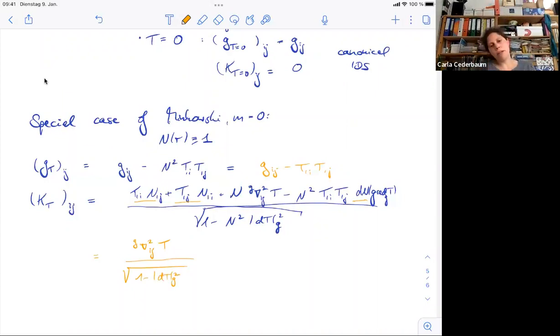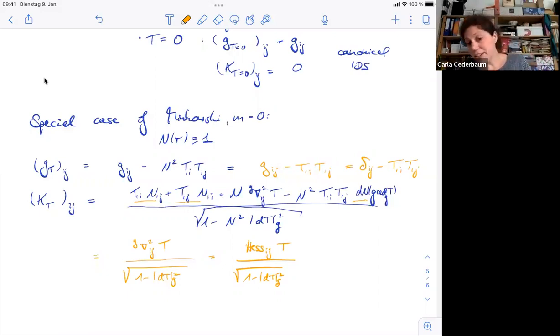But then let's remember, if we're in Minkowski, the canonical initial data set is such that the metric is actually the Euclidean metric delta. So I get the Kronecker delta_ij minus the ∂_i t ∂_j t here, and up here I'll just get the usual Euclidean Hessian ∂_i∂_j of t divided by the square root of 1 minus |dt|_delta squared. And this is a formula that's well known in Riemannian geometry and Euclidean geometry, actually, because you could do the same thing with Euclidean space as the ambient space instead of Minkowski as the ambient spacetime.